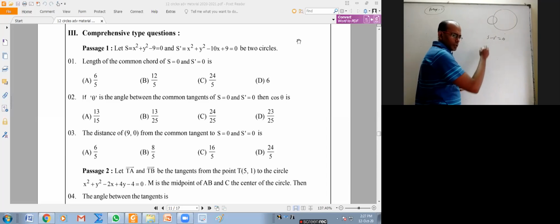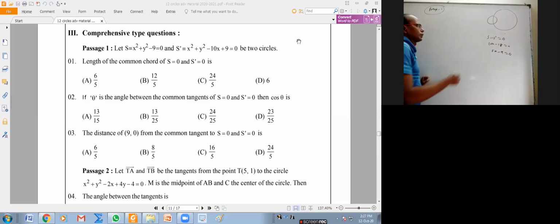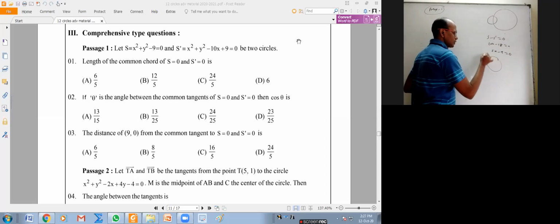Here when I take S minus S', I get 10x minus 18 equal to 0, which is 5x minus 9 equal to 0. Now take one other circle and this line. For this length formula, I can take the first circle x square plus y square equal to 9. This is r and this perpendicular distance is d.